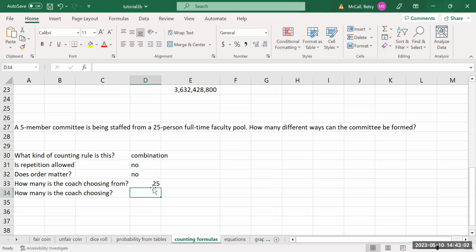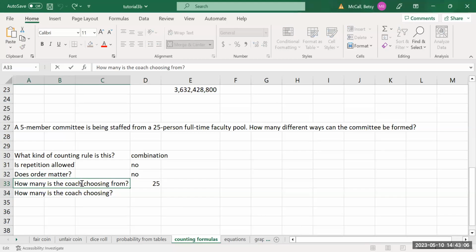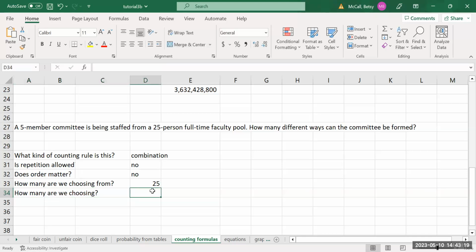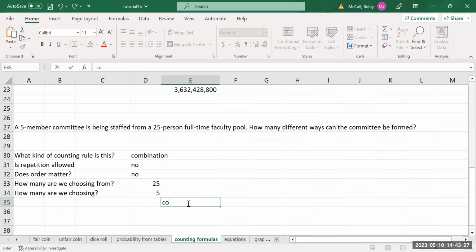How many people are we choosing? Wrong problem. We're choosing from 25 full-time faculty people, and we're choosing 5 faculty members.